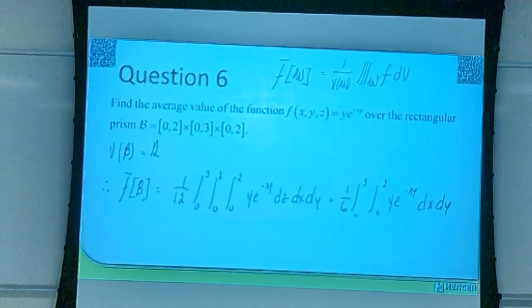Interesting. Okay. Because now you can just do u-sub. Partial of negative xy with respect to x is just negative y. We have the y.